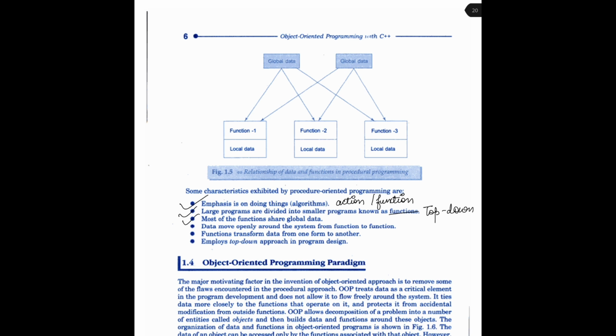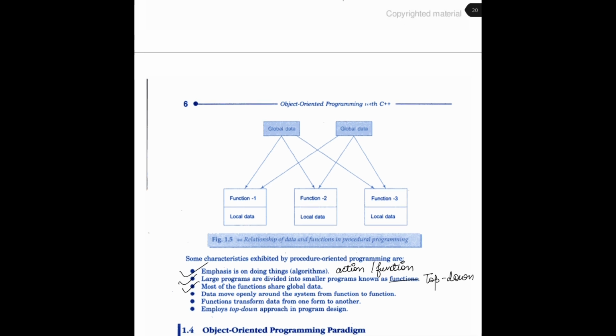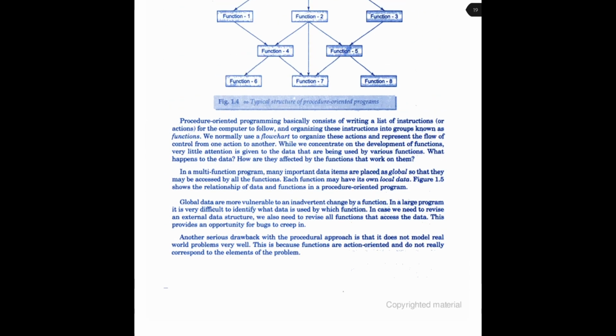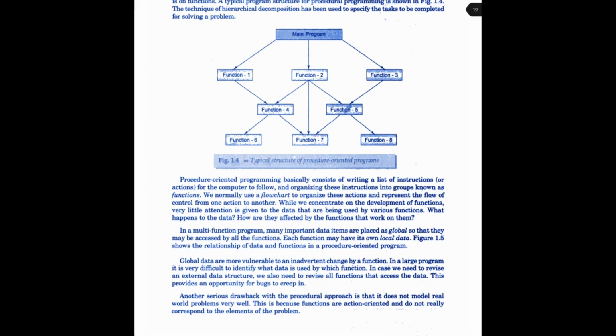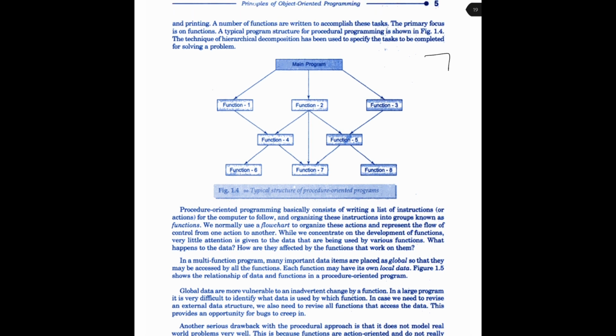The next characteristic is most of the functions share global data. As you know, the focus is more on the function, so the data is not really taken care of. It can freely move from one function to another. So this is the flow of a procedure oriented program: when you want to solve a particular problem, you divide it into smaller problems, you share data from one function to another, and that's how you solve the bigger problem.